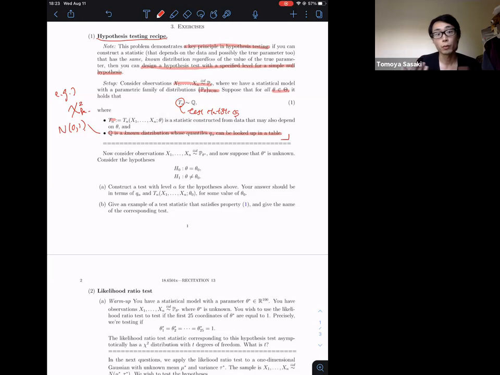Because we know the shape of these distributions, chi-square or normal with 0 and 1, we can easily construct the quantile once we get the test statistics. So your question is on the spot. We're kind of artificially choosing this distribution, but we also know that we can derive test statistics that correspond to these distributions.